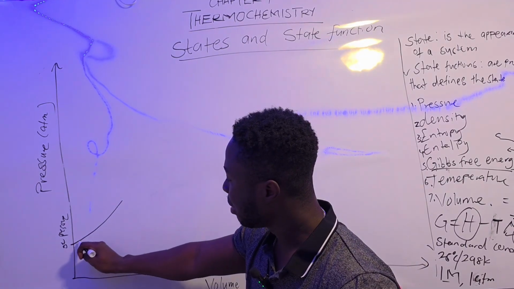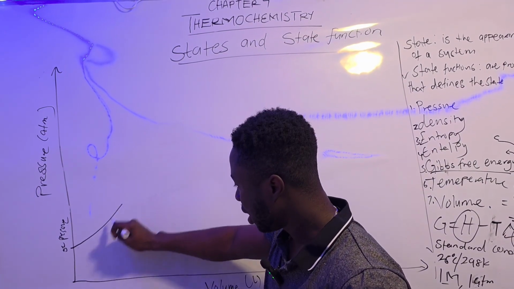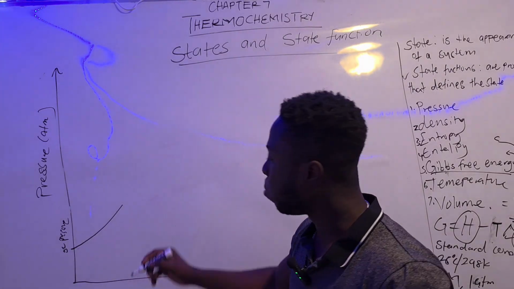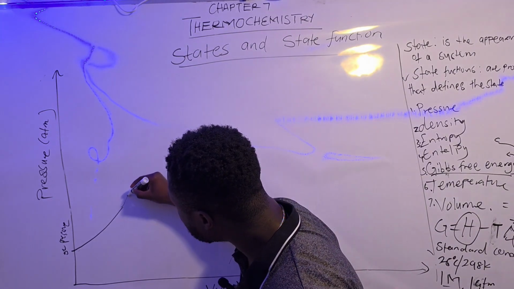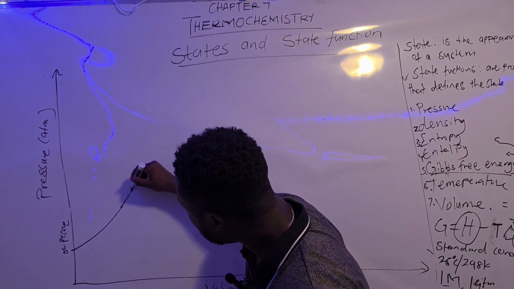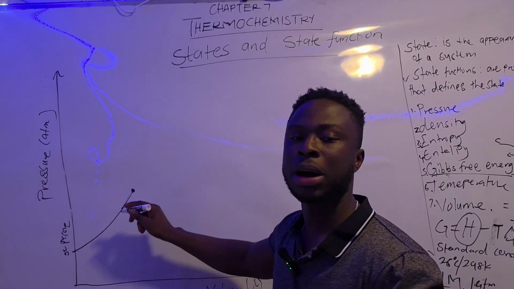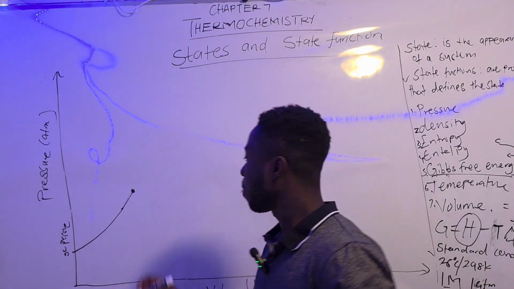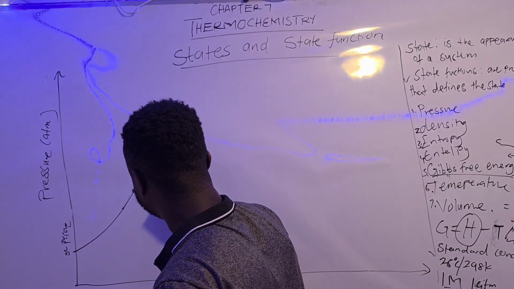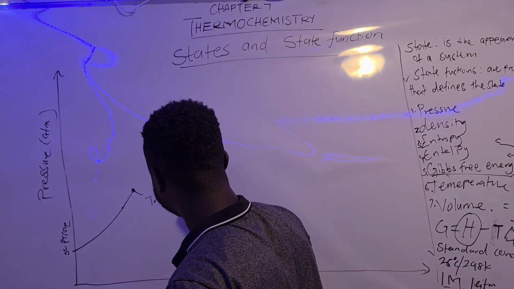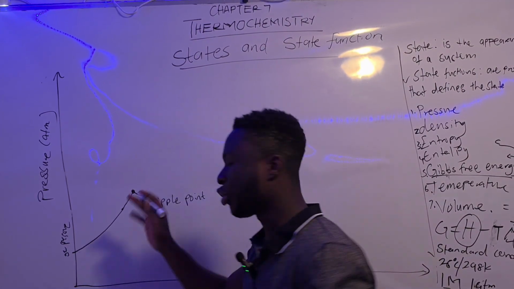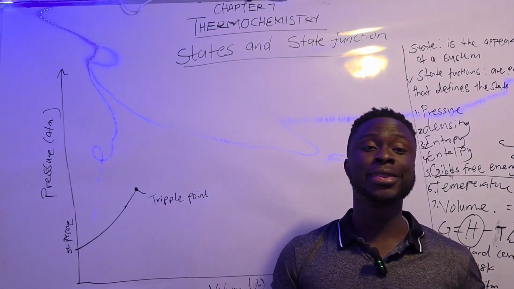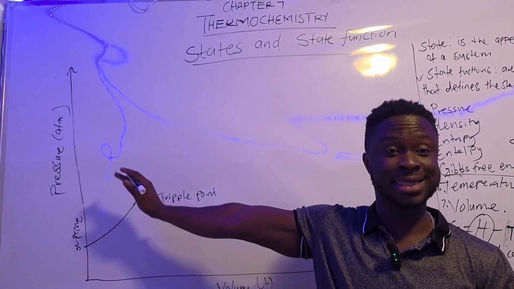Now the system keeps on gaining pressure, and it keeps on also gaining volume, right? There is a point that I am going to reach over here. This point that I reach over here is called a triple point. Triple point is a point in a system whereby all the 3 states of matter can exist.